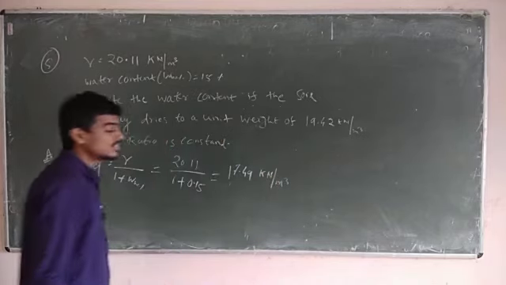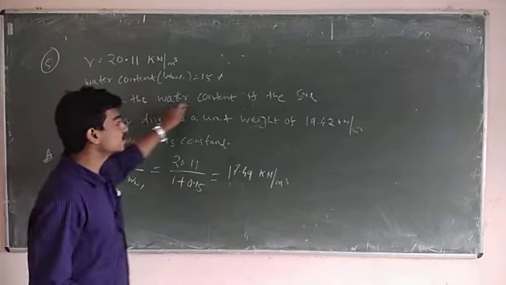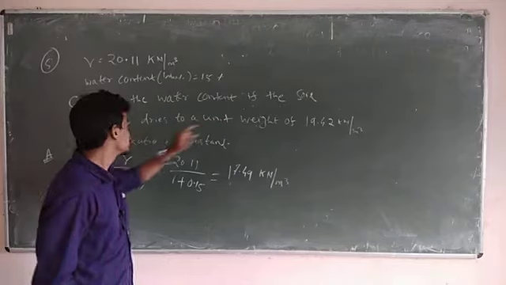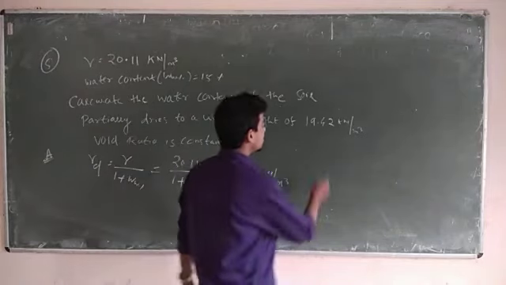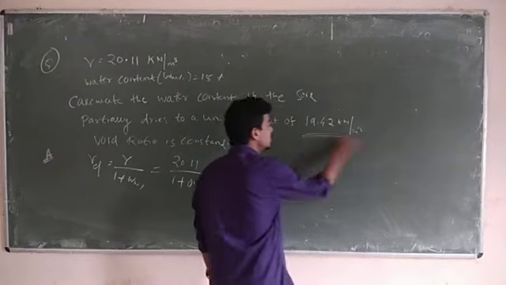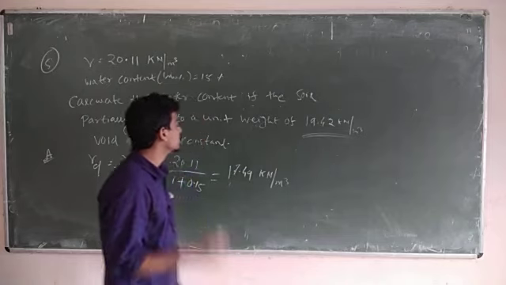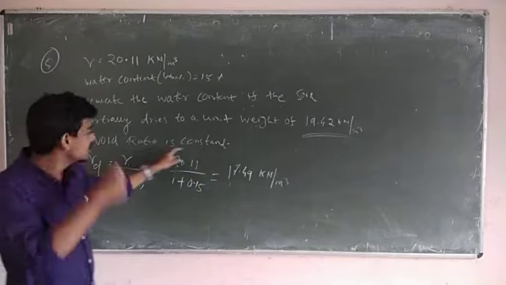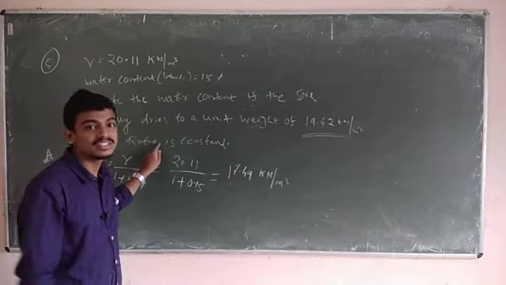Okay. So now the question is how to find out this term. Calculate the water content if the soil partially dries to a unit weight of 19.42. So this value is gamma, not gamma D, because the void ratio is constant. Void ratio does not change, it is given in the question.